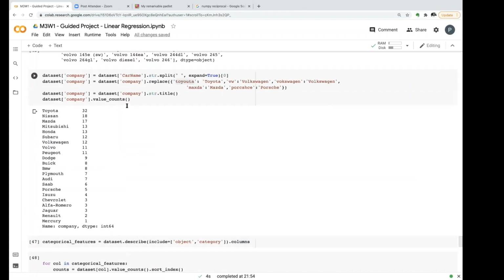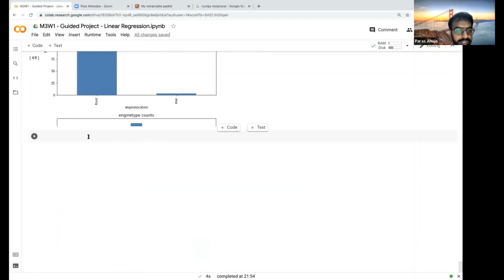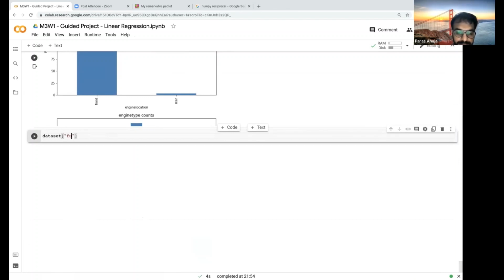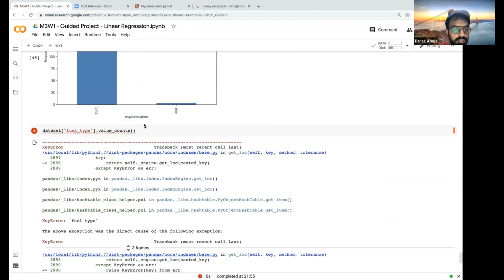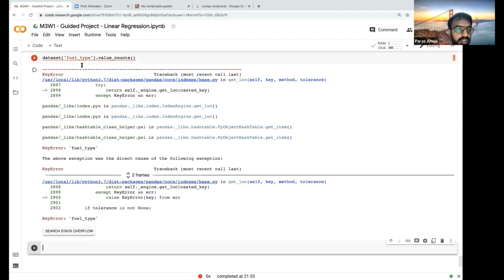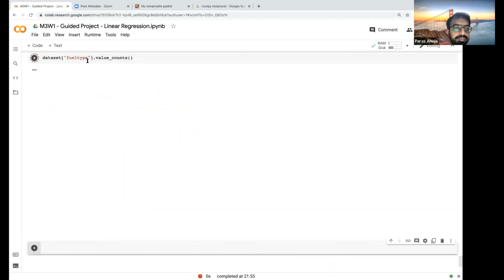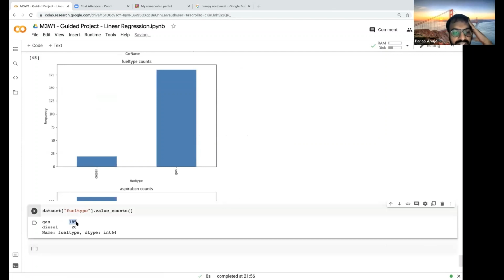Our series will be data set, fuel type, dot value counts. What is the mistake? The spelling of fuel type is okay. There is no underscore here. See, there are 185 values of gas and 20 values of diesel.